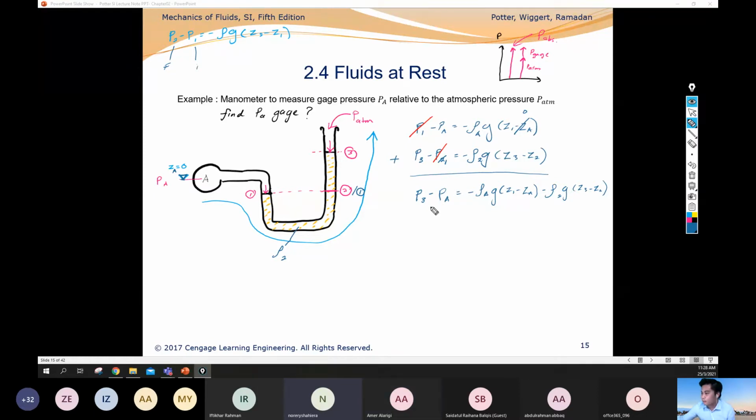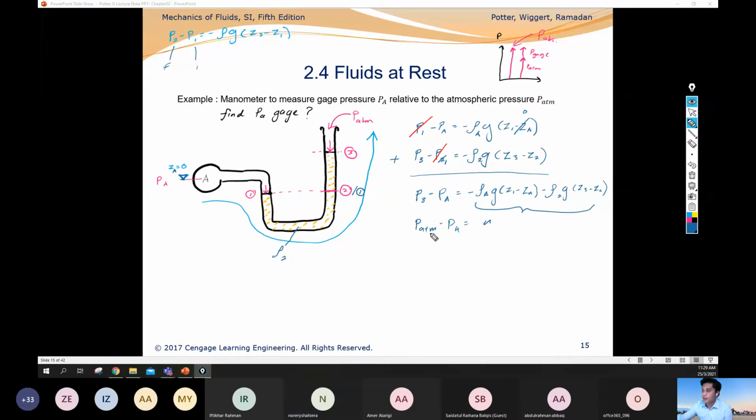Okay. Alright. So for this case, P3, what is P3? Pressure at point 3. Pressure due to PATM. Okay? So for this case, P3 is PATM minus PA equal to the same thing here. Okay? Alright.